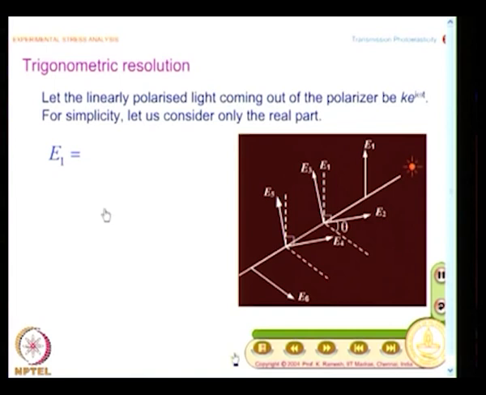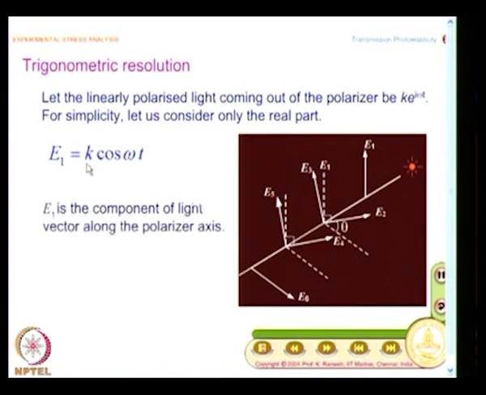And what we will do, we will simply say E1 as k cos omega t. So, I have an amplitude, I have this as cos omega t, and you have to recall when we discussed retardation plates, this is the input polarized light that hits the model.